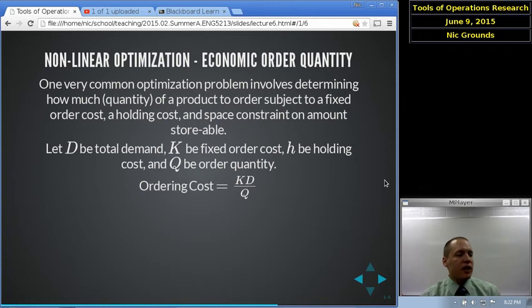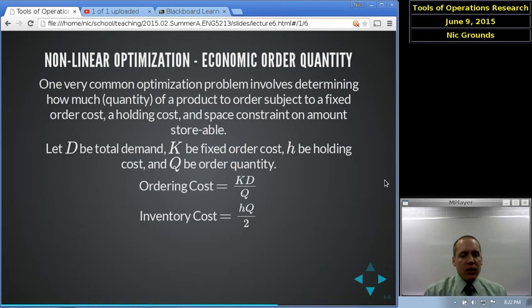If we're going to sell 100 units, D is 100, and we're going to order 20 units at a time, then we'll make 5 orders before we've sold up to the demand that we think we can sell. So the demand D divided by Q is how many orders we'll make. Multiply that by K, and that's your ordering cost. That is how much overhead you pay for making orders.